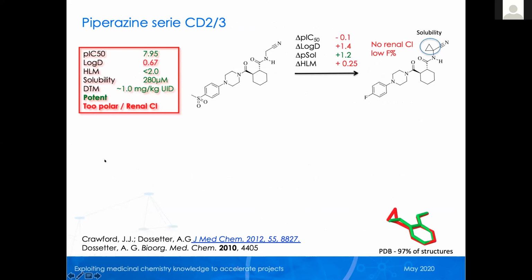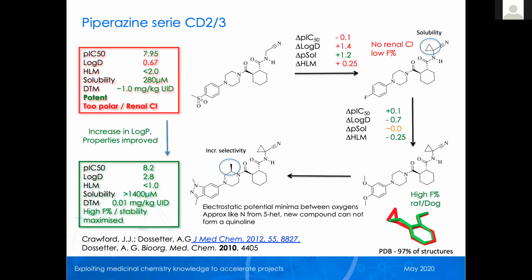The other series we optimized, just very quickly. This dimethoxy group was a breakthrough. A lot of people tell you this is a bad idea or it gets metabolized, etc. If you go looking for this in crystal structures, it is not the shape you would predict from the simple VSEPR model we're taught as organic chemists. It's actually this flat shape with the methyl groups pointing out.